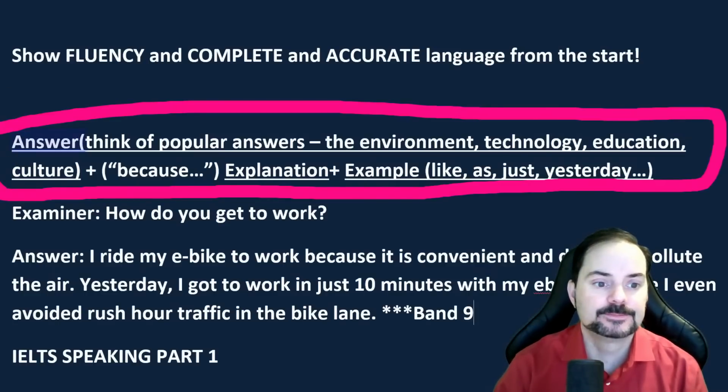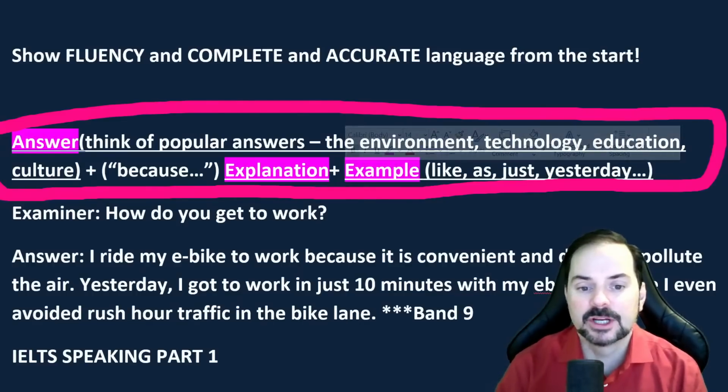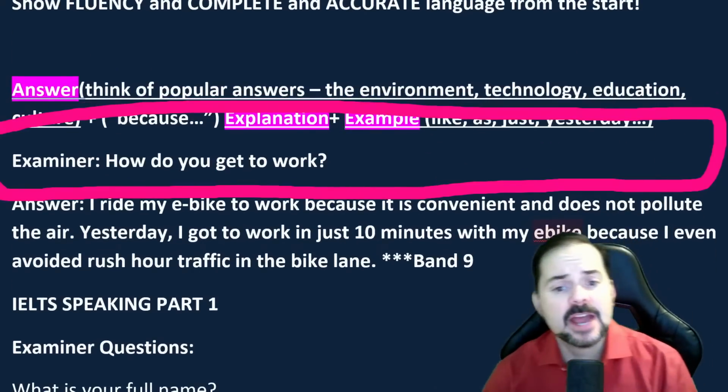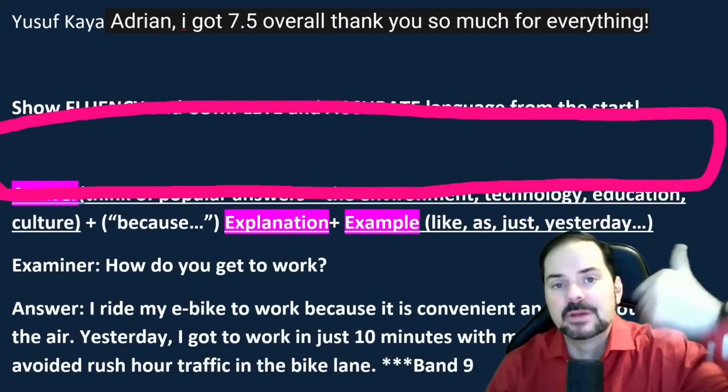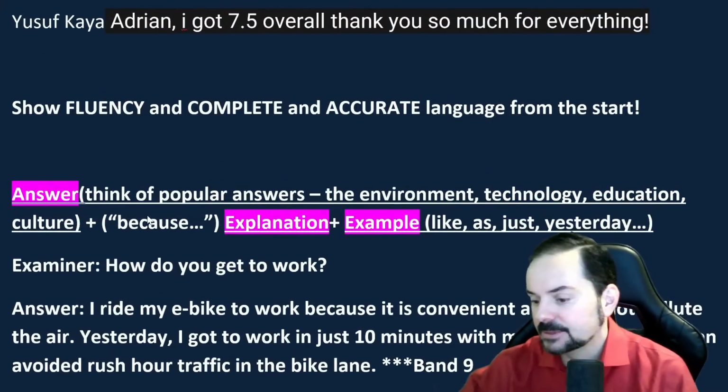Very important. Think about the answer. Follow the answer with because, and then give an explanation. And then follow it with a smooth example often to give more clarity. Like, just, as. Everybody got that? Need a big thumbs up on that, okay? Because that's what we're practicing today, all right?